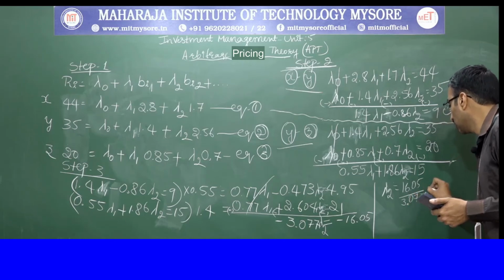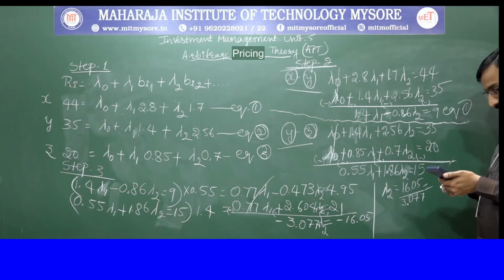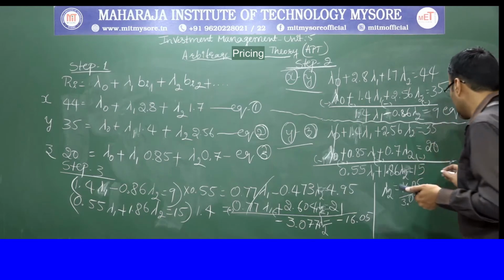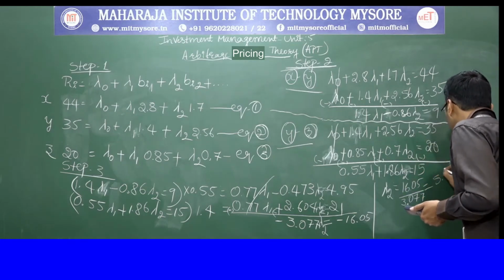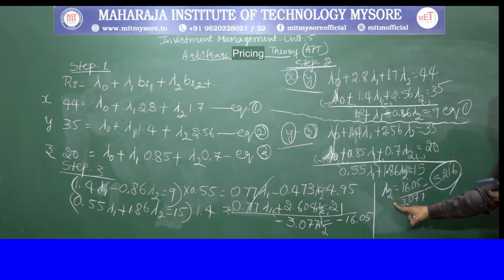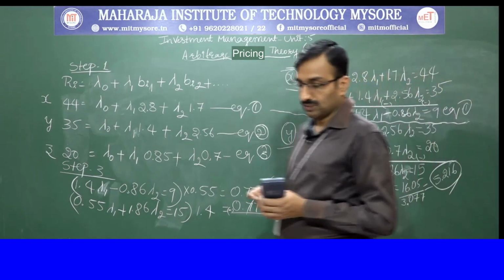If you do, how much you will get? You will get 5.216. This is the value of lambda 2. Hope you understood.